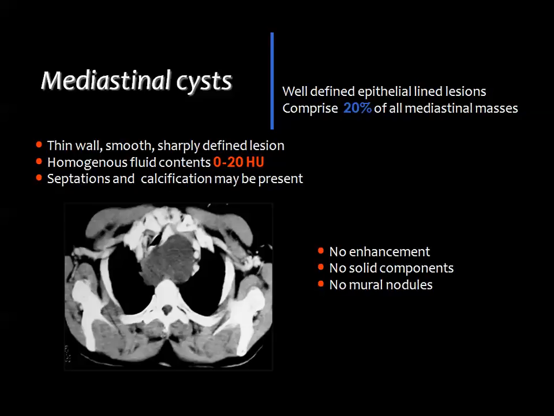The 3 positive are clear water content, paper thin wall, sharp, well-defined margin. The 4 negative issues are that there is no enhancement, no solid components, no internal septations, and no calcification.